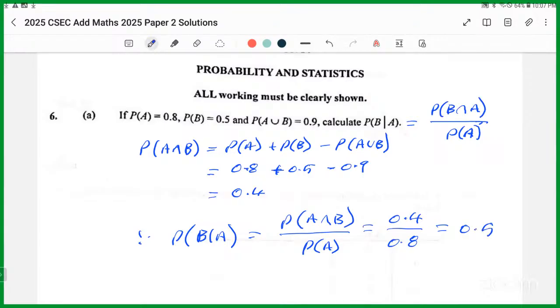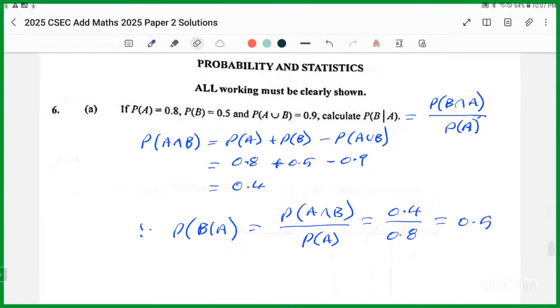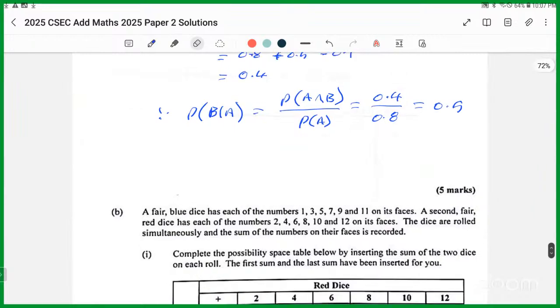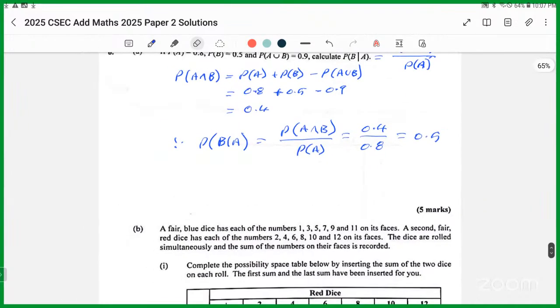So this means that these are independent events. The probability of A given that B has occurred is still equal to the probability of A, so they are independent events. Those are independent events, for sure.